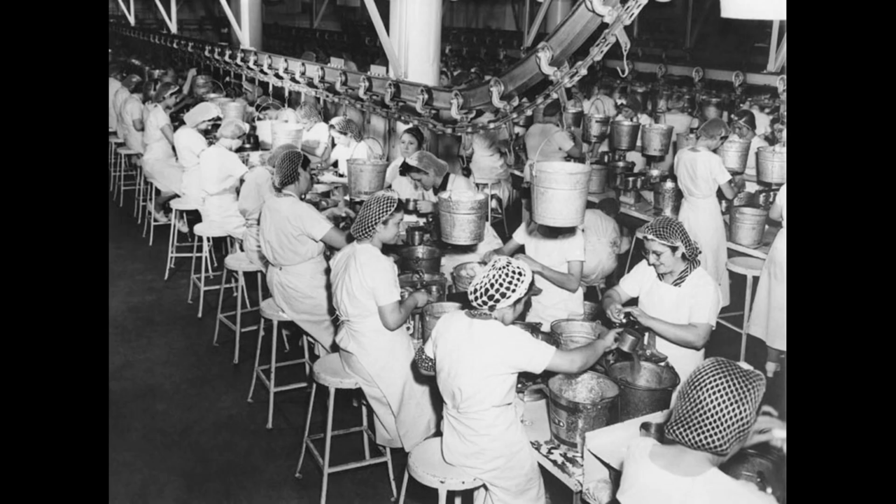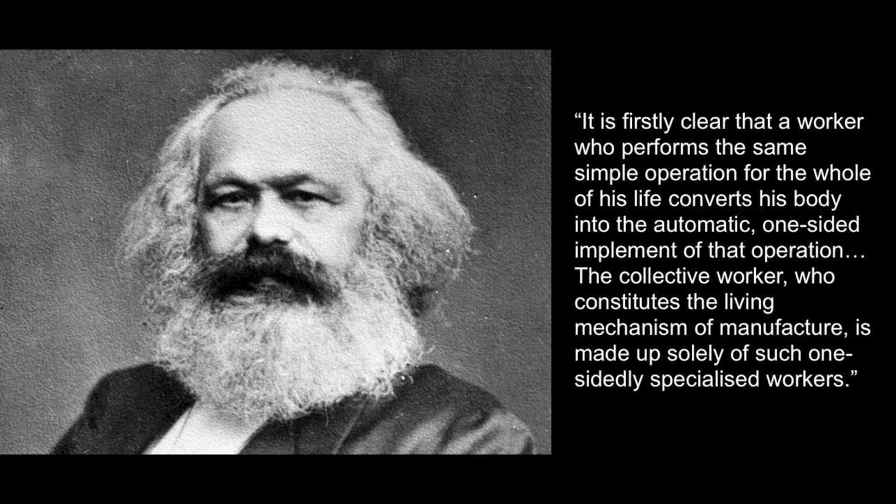In the chapter on the division of labour, one point Marx makes is, "it is firstly clear that a worker who performs the same simple operation for the whole of his life converts his body into the automatic, one-sided implement of that operation. The collective worker, who constitutes the living mechanism of manufacture, is made up solely of such one-sidedly specialised workers."